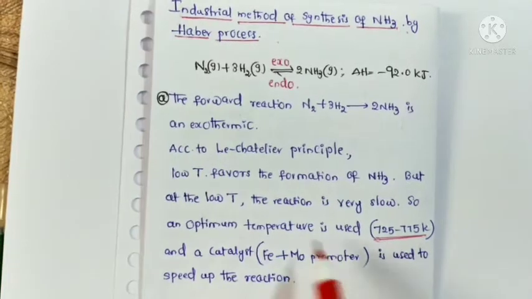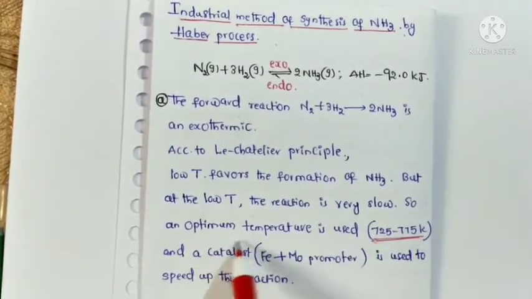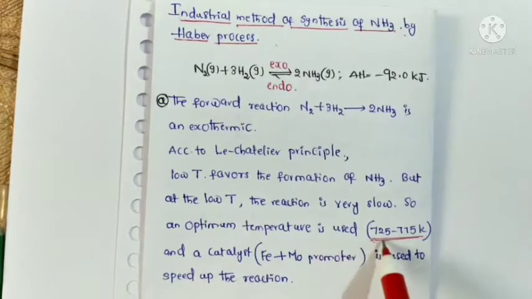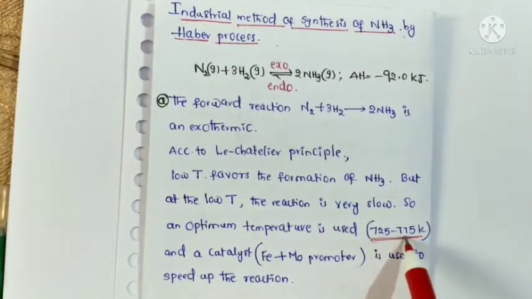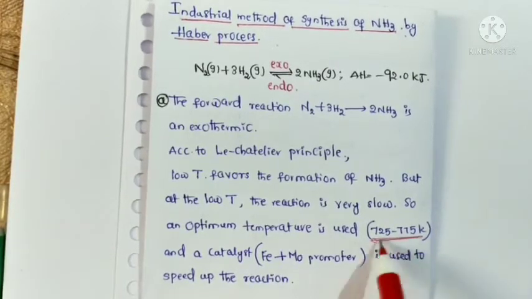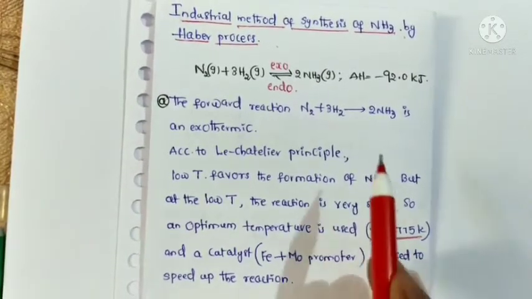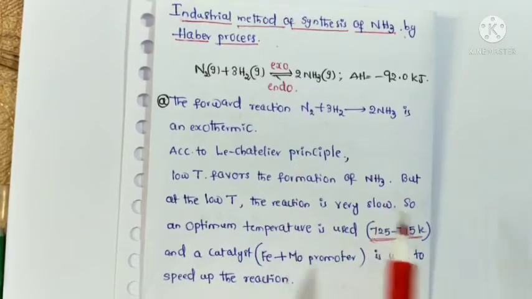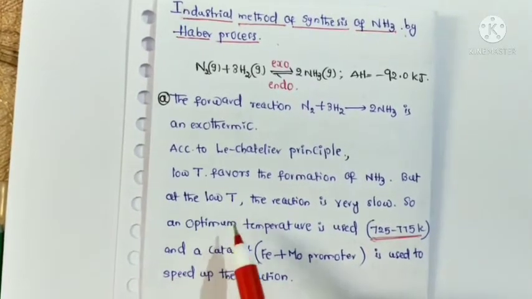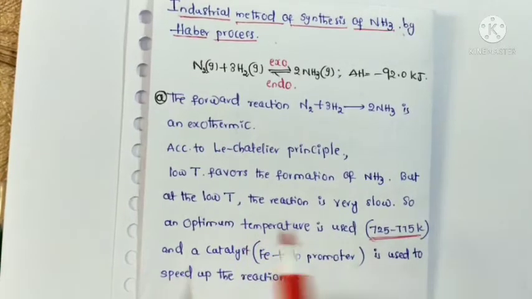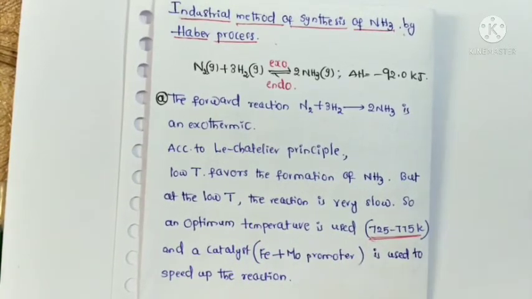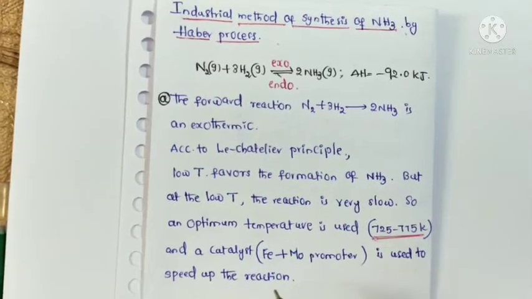Optimum means a comfortable temperature. So how much is the comfortable temperature? The optimum temperature is 725 to 775 Kelvin. So this is a comfortable condition for the formation of ammonia. And at low temperature the reaction will be slow. That's why a catalyst is used in this Haber process.